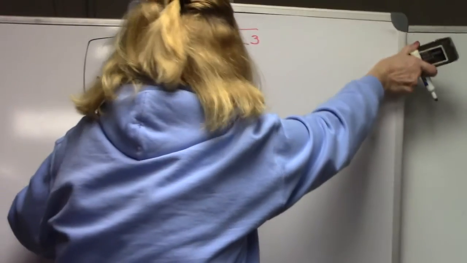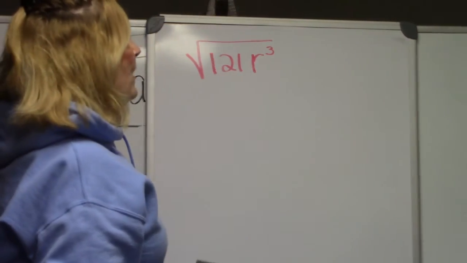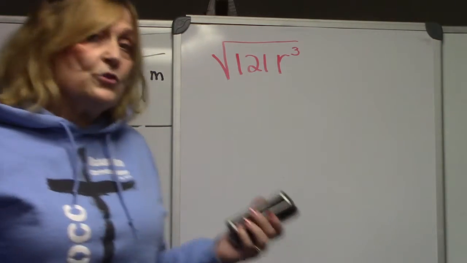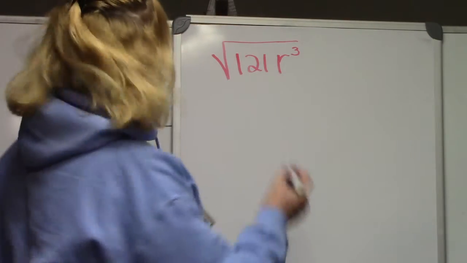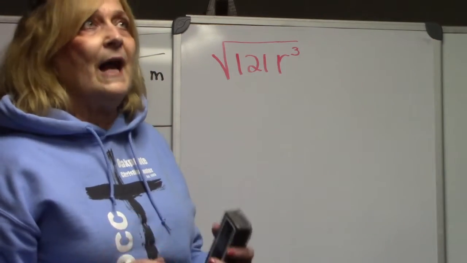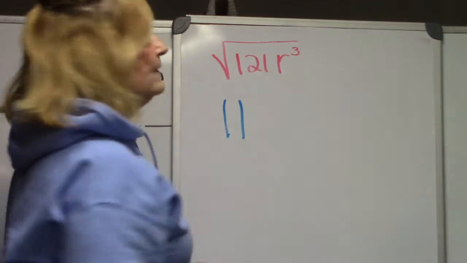Let's look at this one. 121r cubed. And there's no index, so we know it's a square root. I know that the square root of 121, or what number times itself gives you 121, and I know that that is 11.